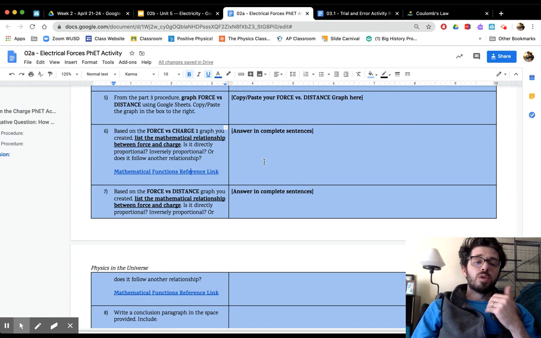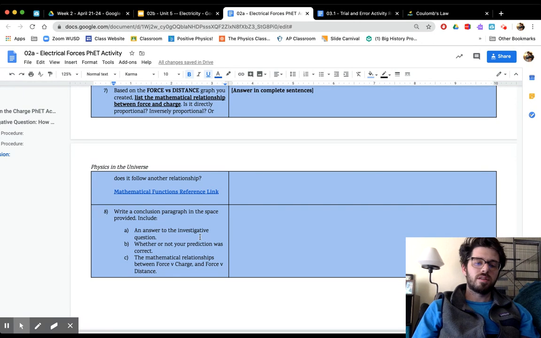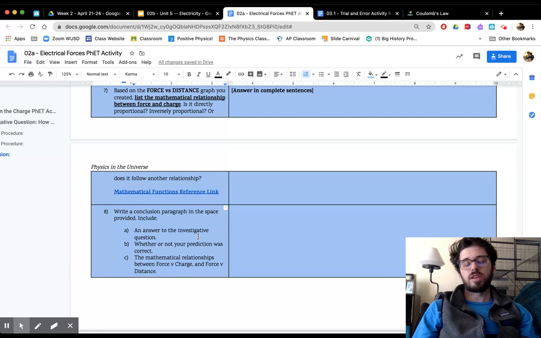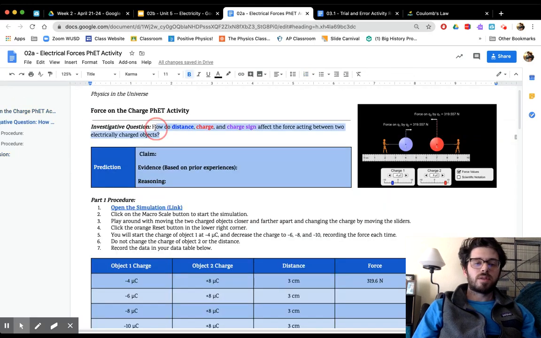Okay. Once you've done that, we can go ahead and put our puzzle together. So you'll notice that in question 8, I asked you to write a 1-paragraph conclusion of all this. So what was the answer to the investigative question? Okay. Let's go back and look at the investigative question. Investigative question is right here. Okay.